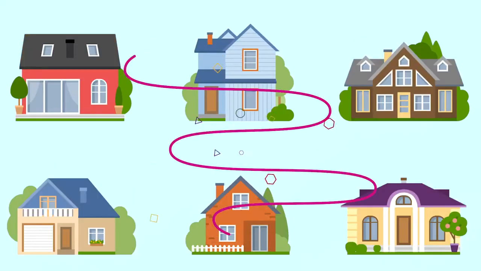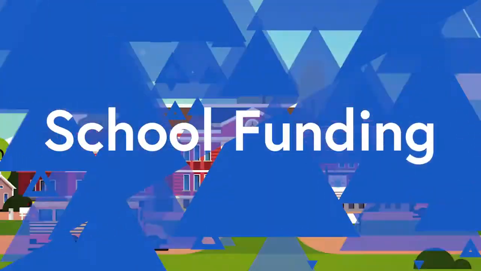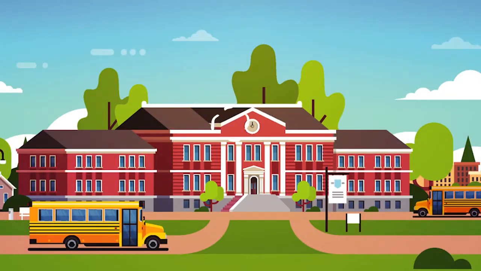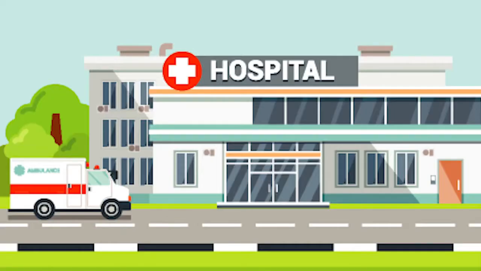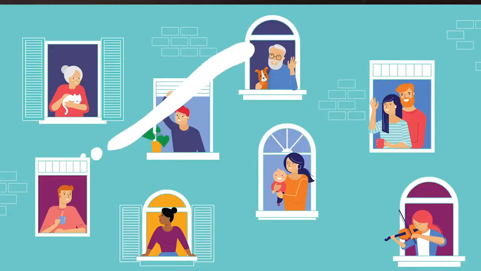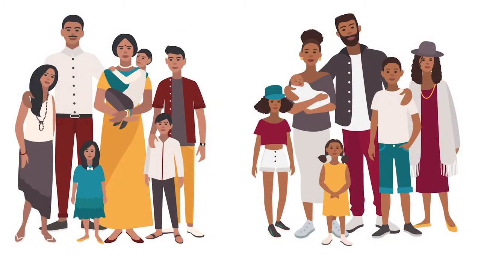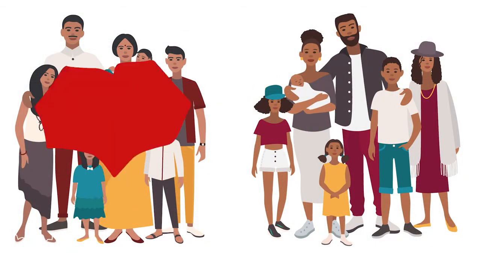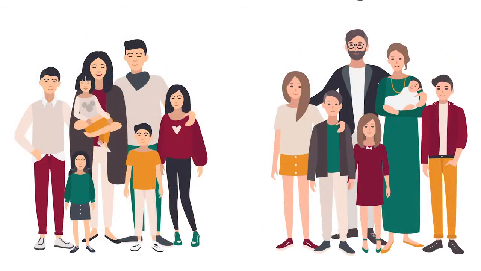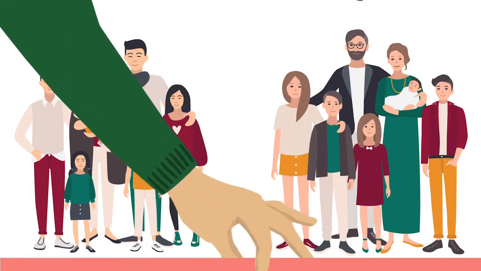That information helps us know how much money a school gets for computers or how many hospitals we need in our community. Make sure a grown-up in your home counts you and everyone in your house in the 2020 census. Do you have brothers or sisters or grandparents living in your house? They should be counted too.